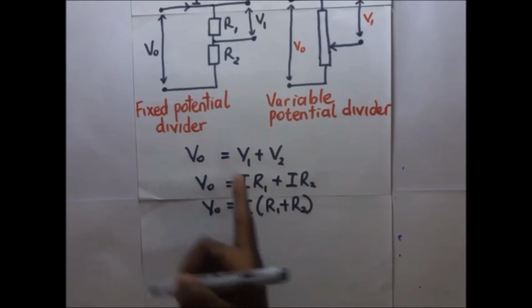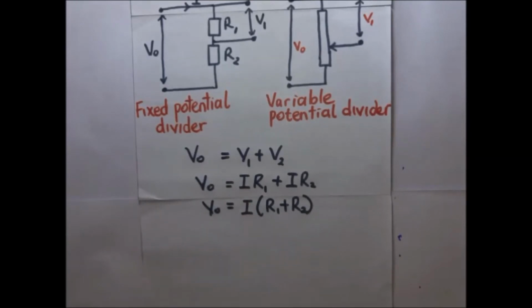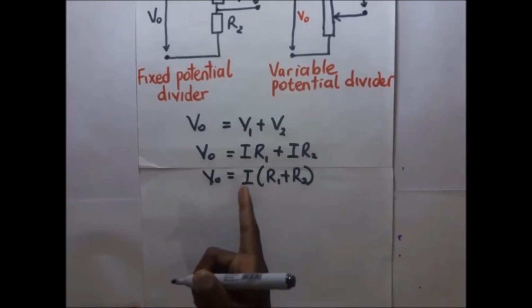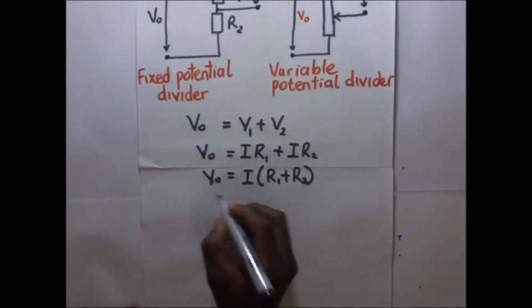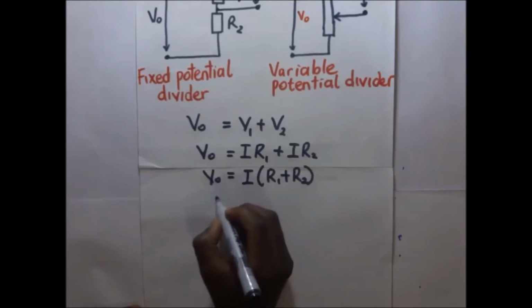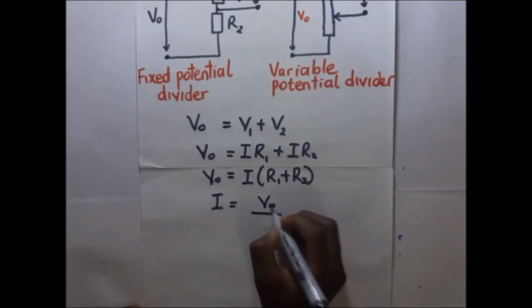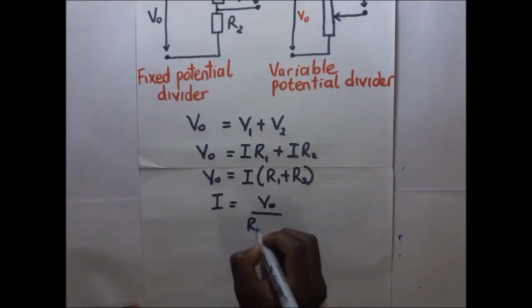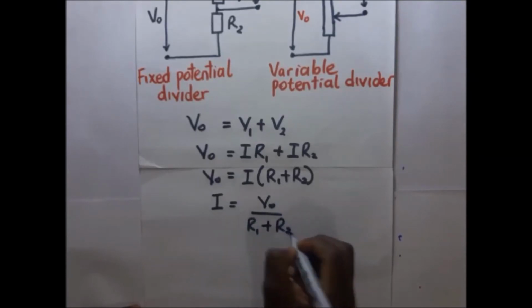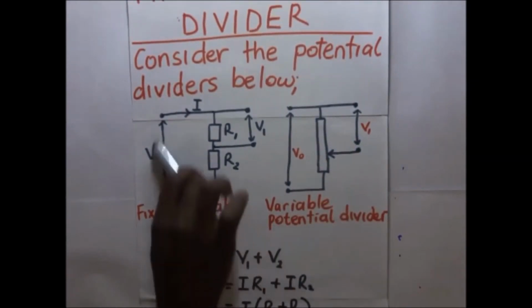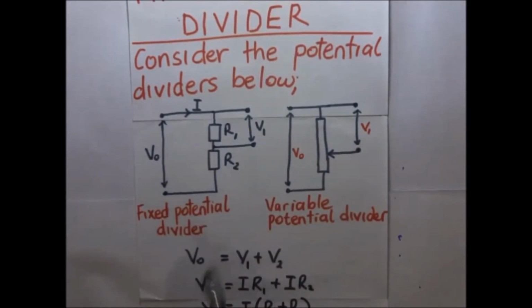So if we make I the subject of the formula, the amount of current that is flowing through that circuit is going to be I is equal to V0 over R1 plus R2.